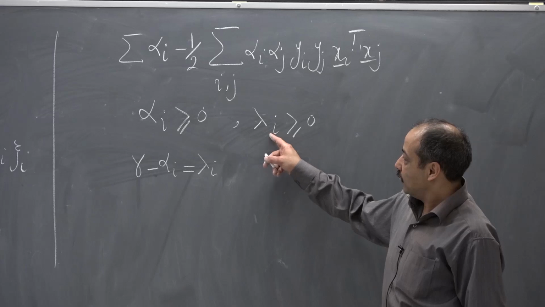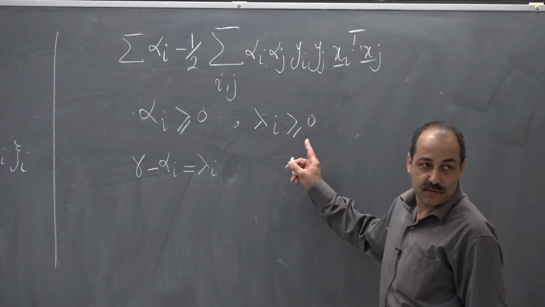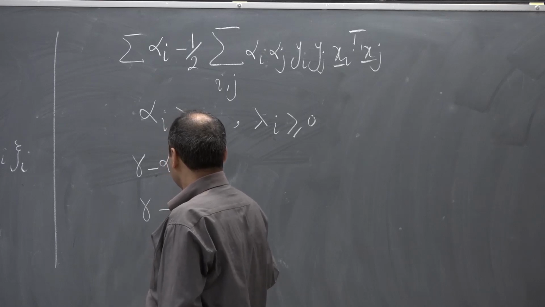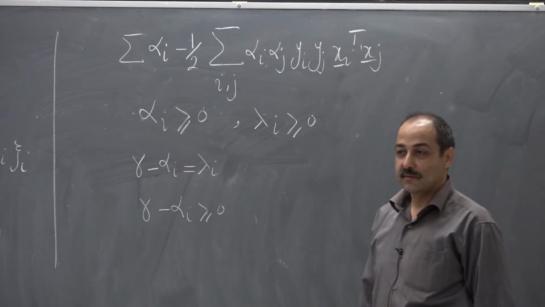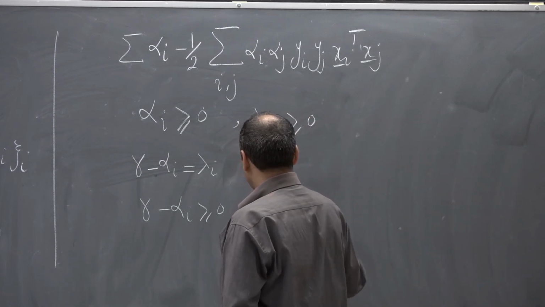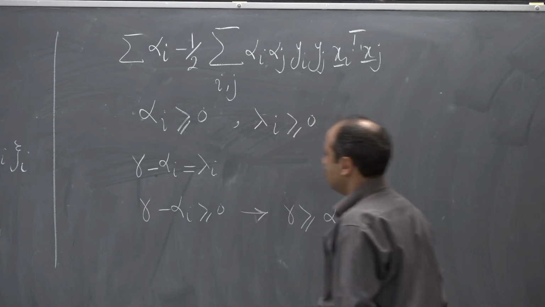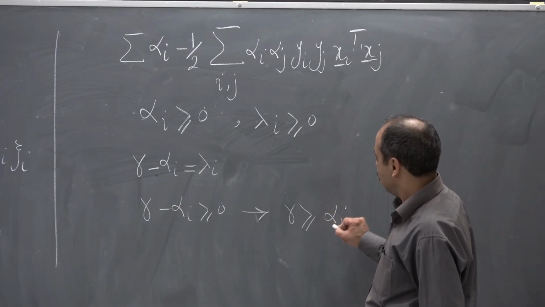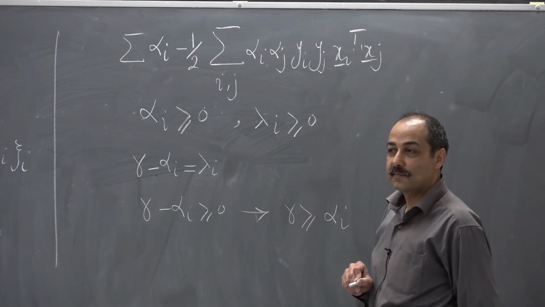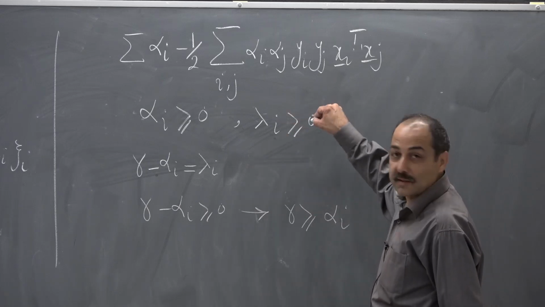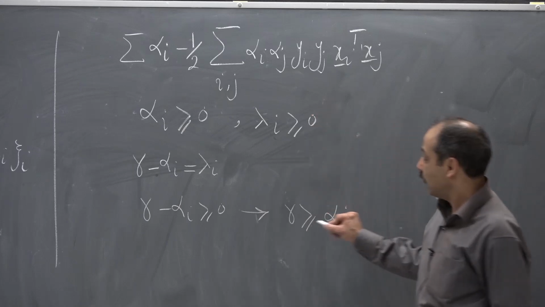So if my constraint is that lambda_i is greater than or equal to 0, it means that gamma minus alpha_i is greater than or equal to 0, and this means that gamma is greater than or equal to alpha_i. So lambda_i greater than or equal to 0 implies that alpha_i is less than or equal to gamma.